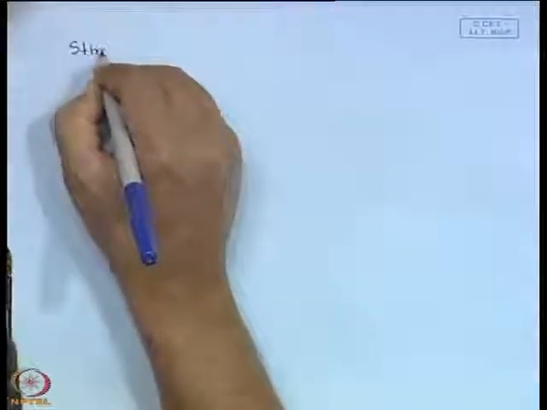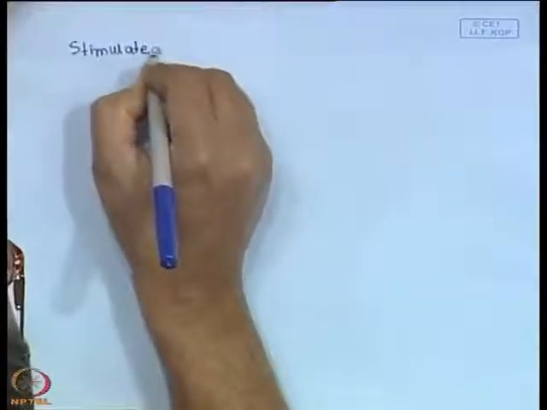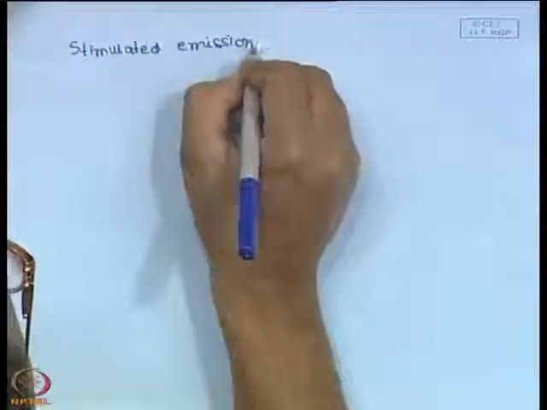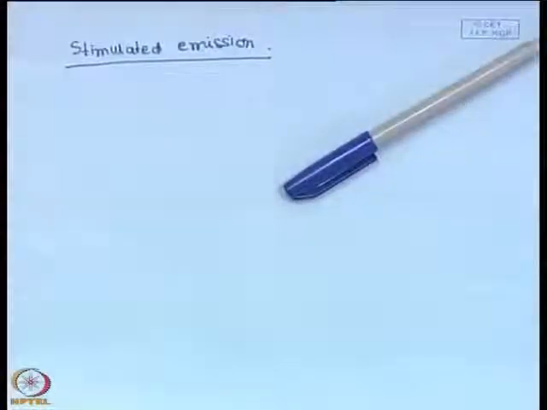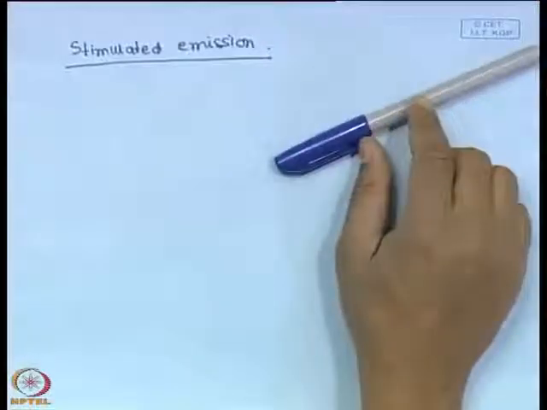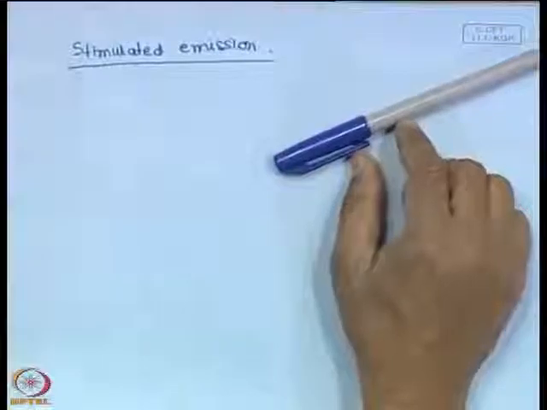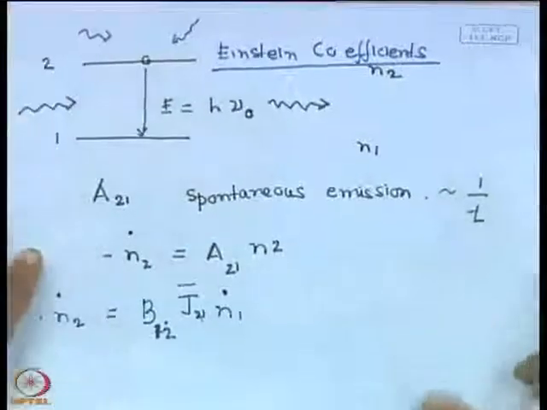So, in addition to spontaneous emission, if you have another process called stimulated emission, it is then possible to have a consistent picture where the system can be in equilibrium. So, what is this stimulated emission? So, the stimulated emission is as follows.